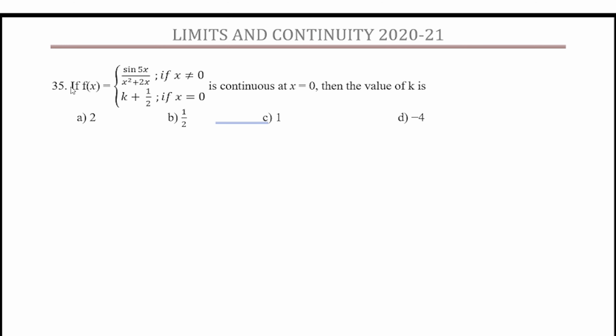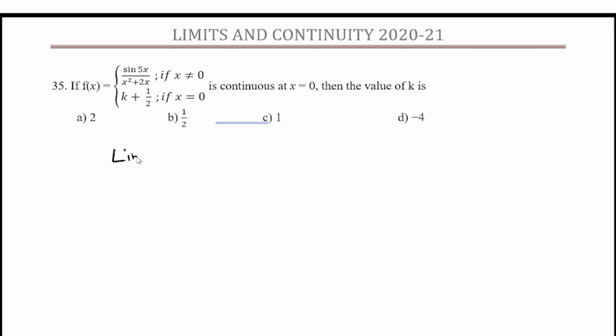Okay. Question number 35. f of x is equal to sin 5x divided by x square plus 2x if x is not equal to 0, whereas f of x at x equal to 0 is k plus 1 by 2. The given function is continuous at x equal to 0. Then find the value of k. Now apply the definition of continuity.